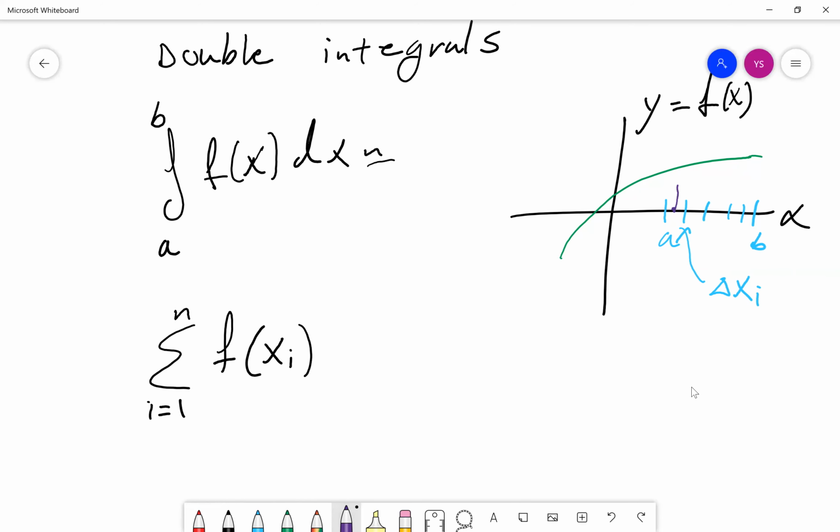We evaluate f at that point, times delta x i. So it's this Riemann sum, and we take n to infinity. We break these into smaller and smaller pieces, we add up the sum, and that will be our integral.